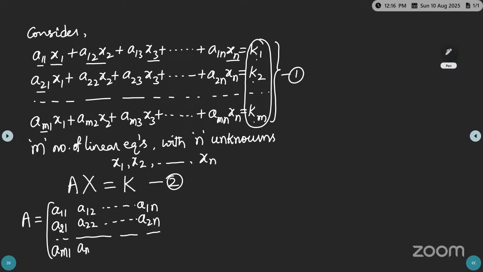AM1, AM2, so on, AMN, of order m by n. How many rows? 1, 2, 3, up to so on, m rows. How many columns? 1, 2, so on, up to n columns. This is called the coefficient matrix.